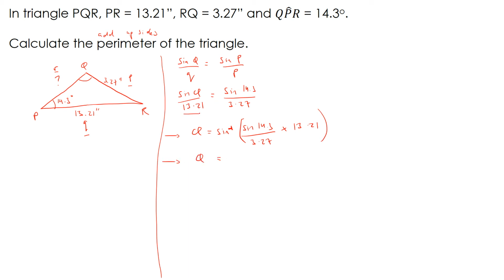So times by the 13.21 first, and then take the inverse sine. So the inverse sine of fraction sine 14.3 close bracket over 3.27 times by 13.21 gives me angle Q is 86.21 degrees to 2dp.